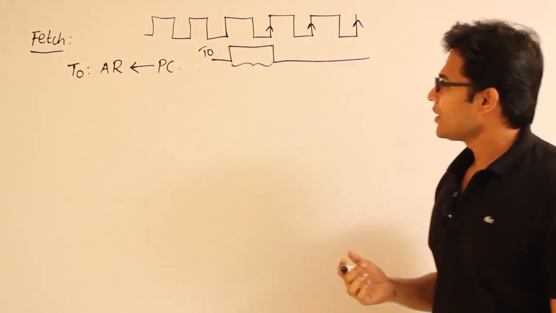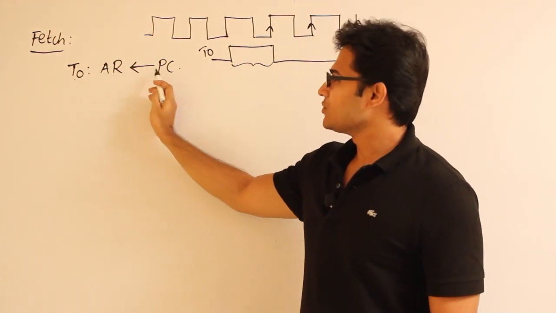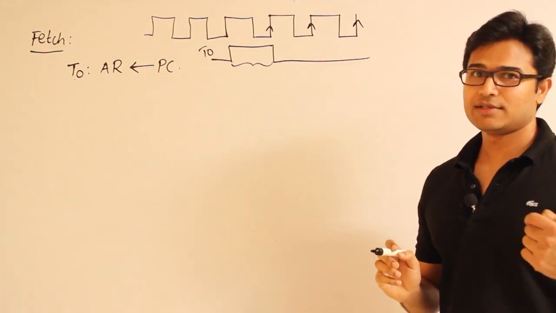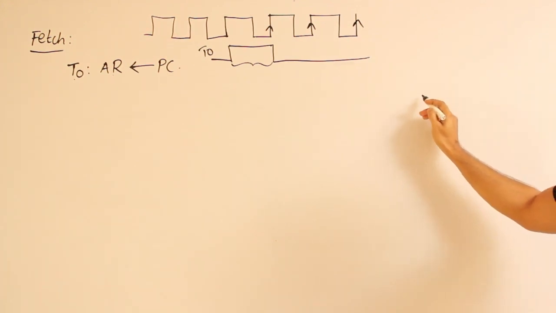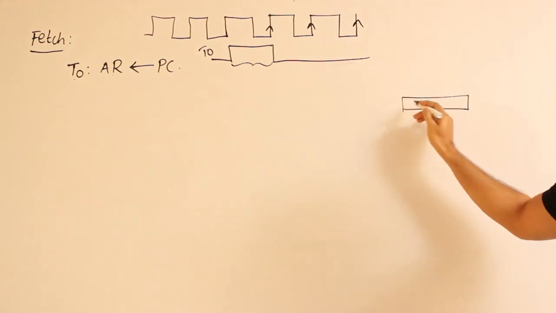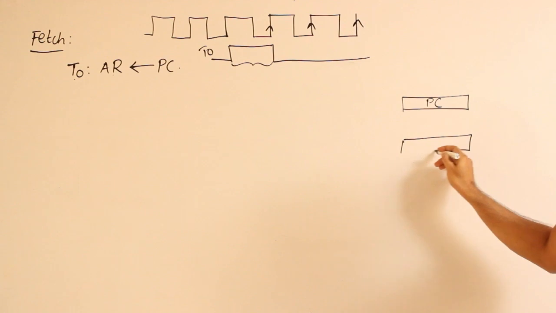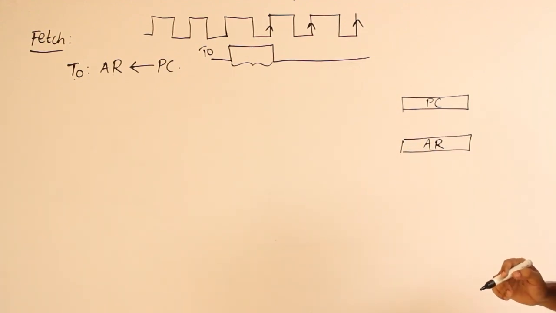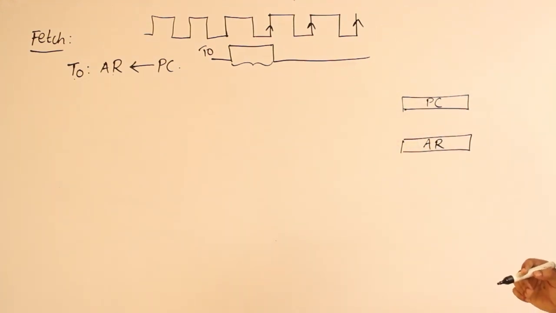Got it? Now during this clock we want to perform this operation. And when will this operation be exactly performed? Try to understand this one. We are going to have the program counter and the address register. What are the signals that you have to give?